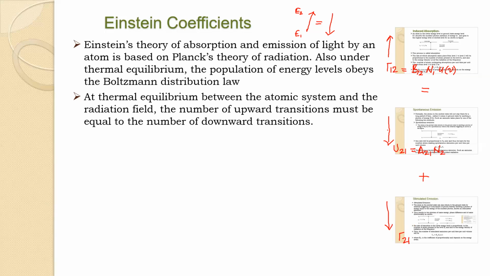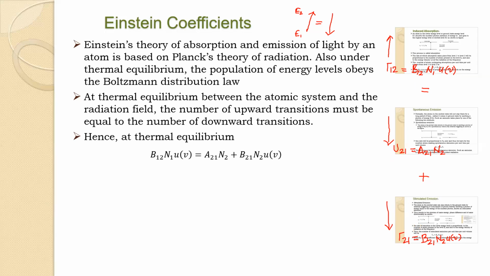And gamma 21, the number of stimulated emissions, is equal to B21 N2 U of nu. Then we can write the expression as B12 N1 U of nu is equal to A21 N2 plus B21 N2 U of nu.